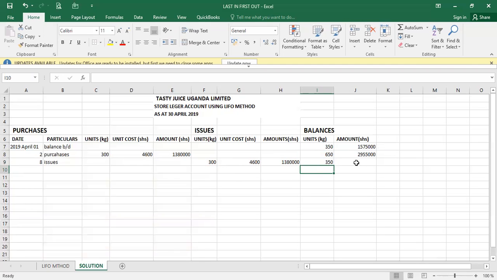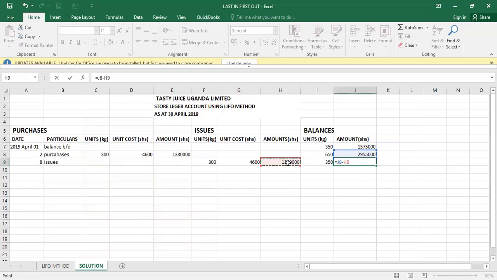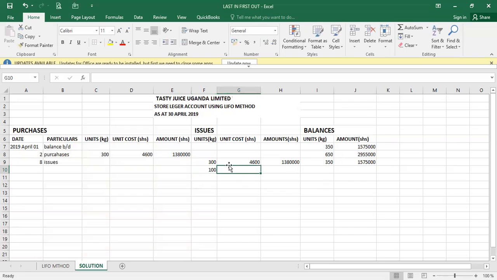So when we remain with that, let's also reduce the total cost to that. But remember, we're issuing out 400. It means this 100 units is supposed to come as the next one to total up to the 400 we have issued out.